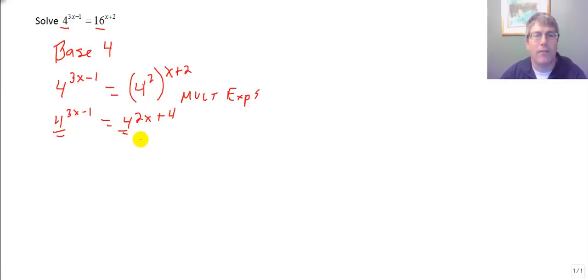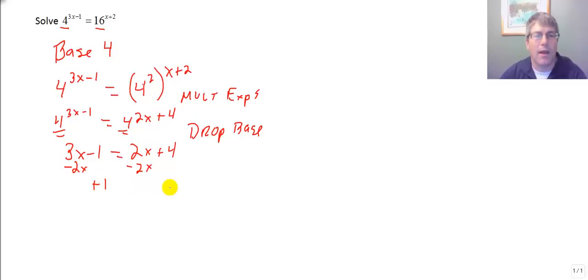So now I have the same base, so I can drop my base and simplify the exponents. So 3x minus 1 equals 2x plus 4. I'll subtract 2x from both sides. I will add 1 to both sides, and I get x equals 5.